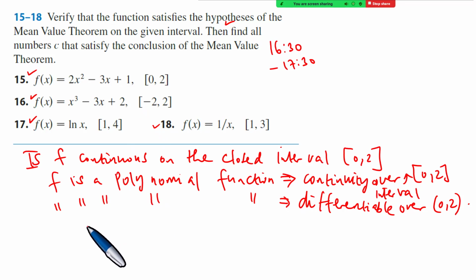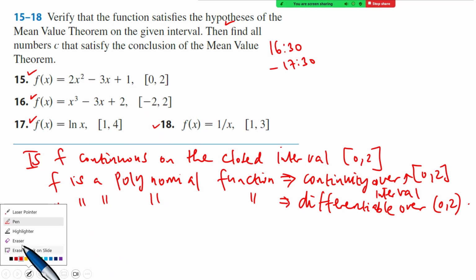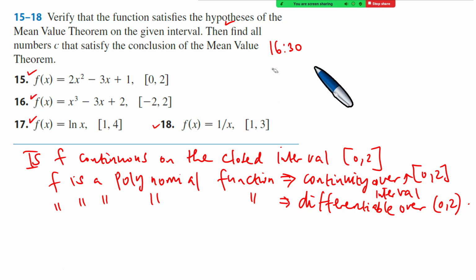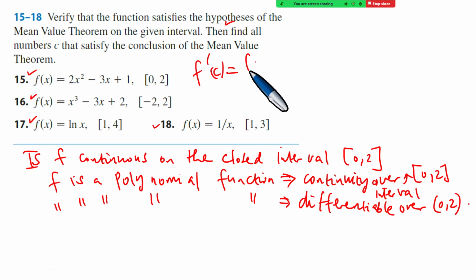What would then be the numbers we want here? We proceed to check on that together. What we need is to consider f prime of c, which is f of b minus f of a, all divided by b minus a.